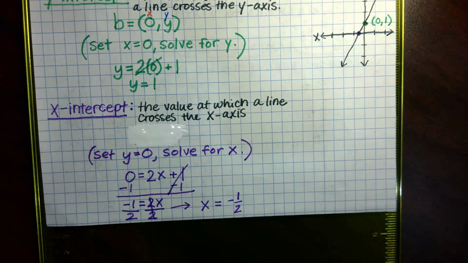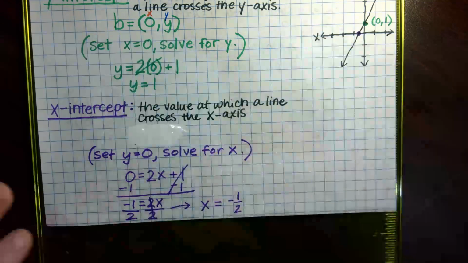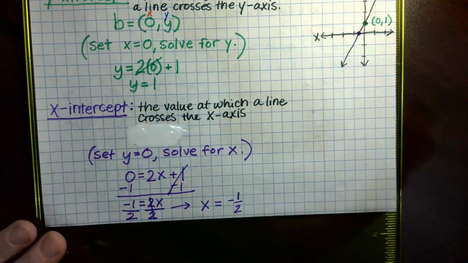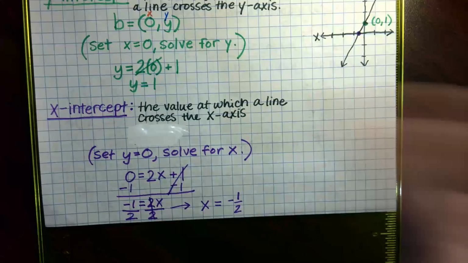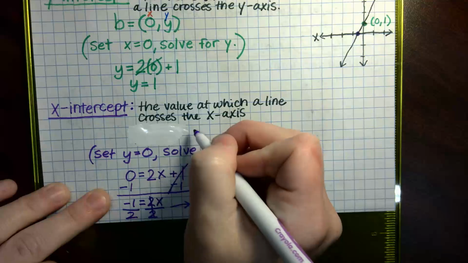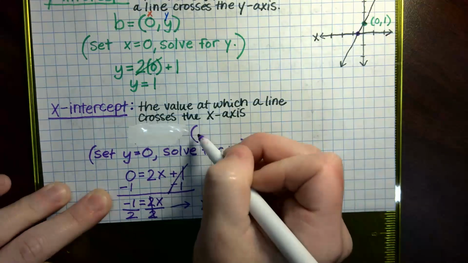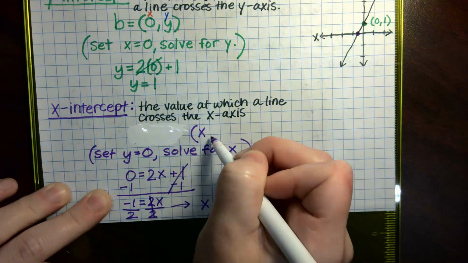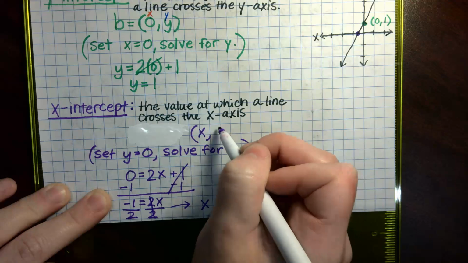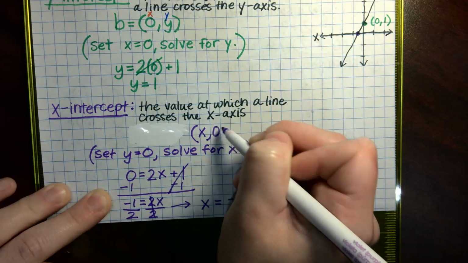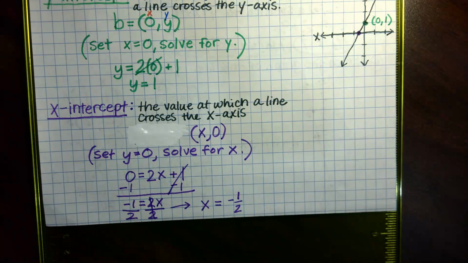Okay. Let me fix that for you. If you were copying what I just did, you copied something wrong. I don't want you to have it wrong in your notes. What it should be is we solve for x, and we're setting y as 0. Sorry guys, I don't mean to confuse you.